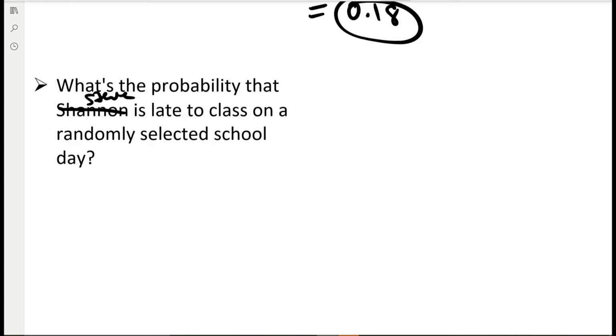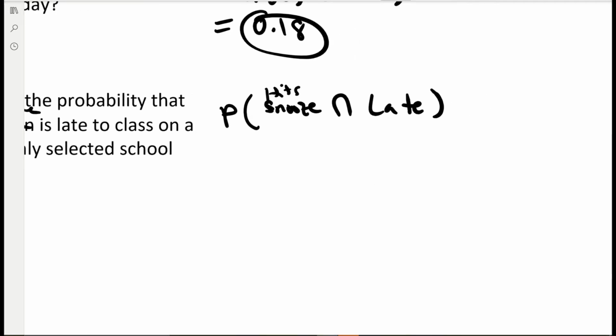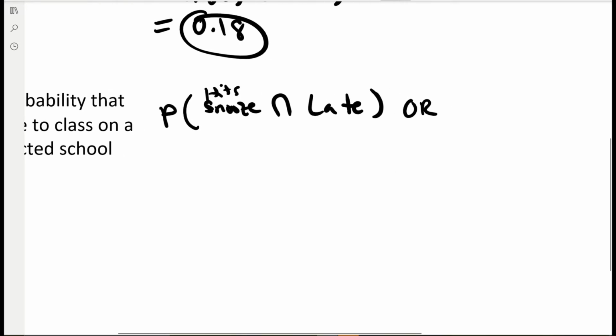So if he's late to class, that means we are looking for the probability that he hits snooze and is late, or we want the probability that he does not hit snooze and is late.